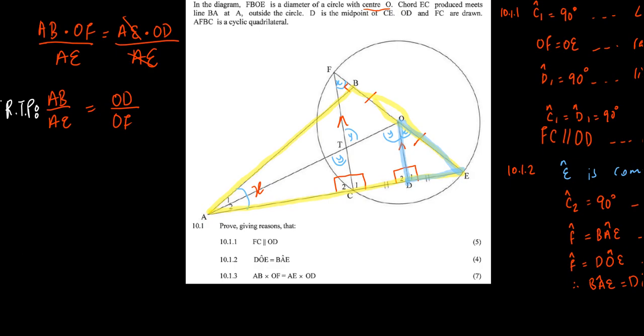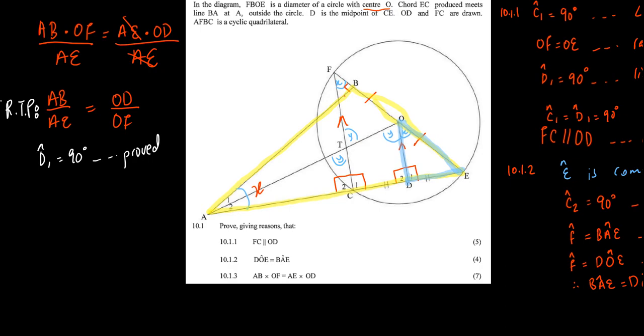Do you remember that D1 is 90? Right, D1 is 90 degrees. This was proved a long time ago. And then we just have to find also a 90 degree in this other triangle of ours. Do you see that you can have a 90 degree in the yellow triangle? But the question would be where?